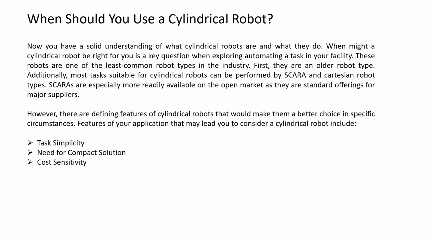So this is where we can use the cylindrical configuration, although it is having a limited number of applications, as different types of configurations are available now, and those are widely used. So this is all about cylindrical robot configuration.